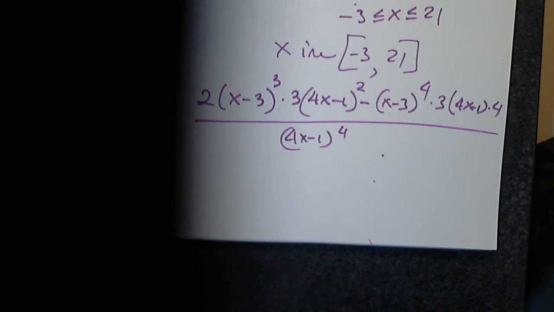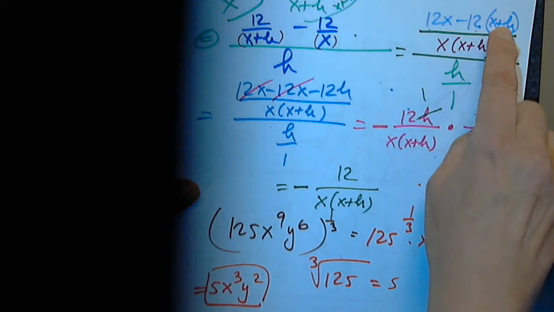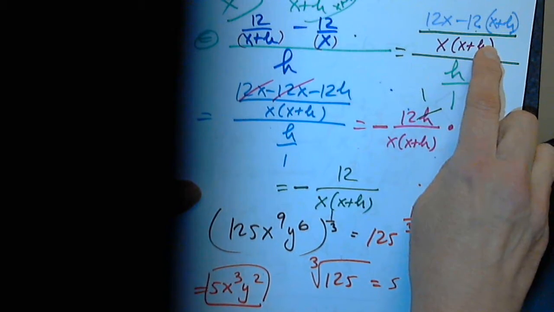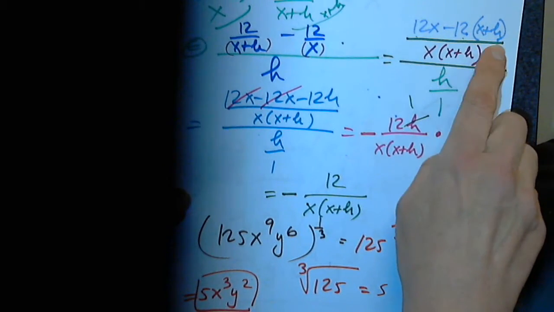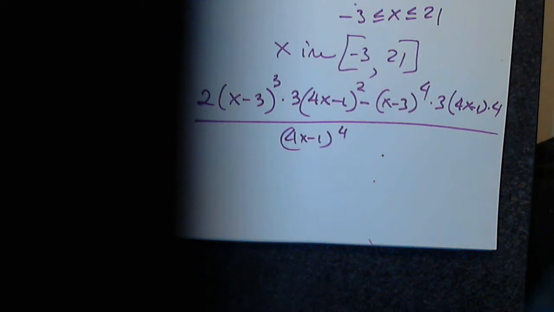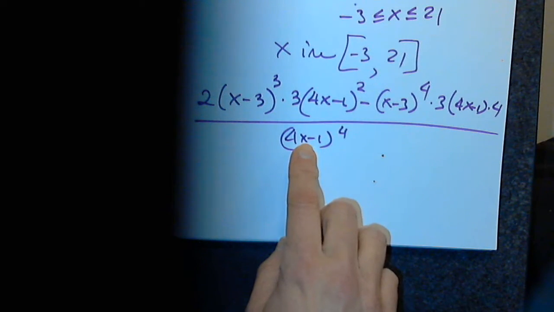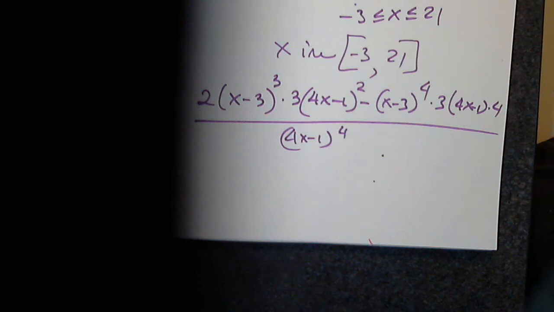This is what we talked about a minute ago, when I said, can I simplify x plus h with x plus h? No, because x plus h is not a factor at the top. And I said that would be unacceptable. So coming back, I'd like to simplify 4x minus 1 with a 4x minus 1 from the denominator.